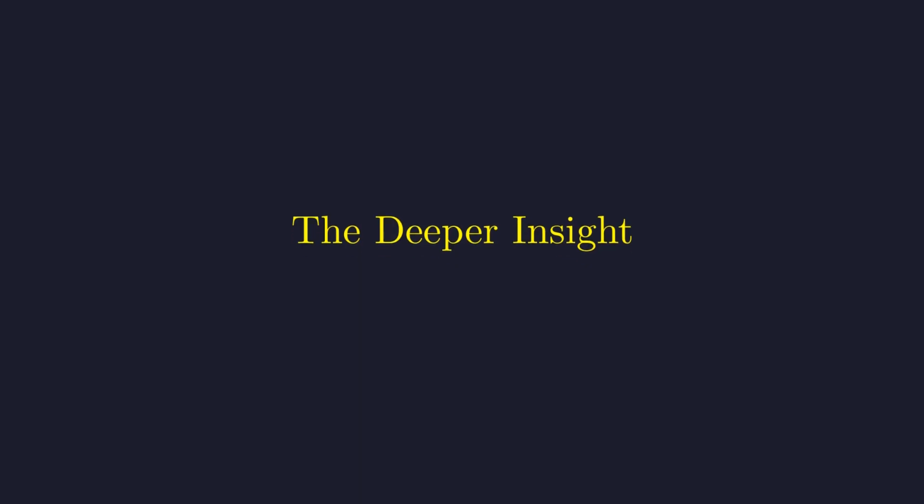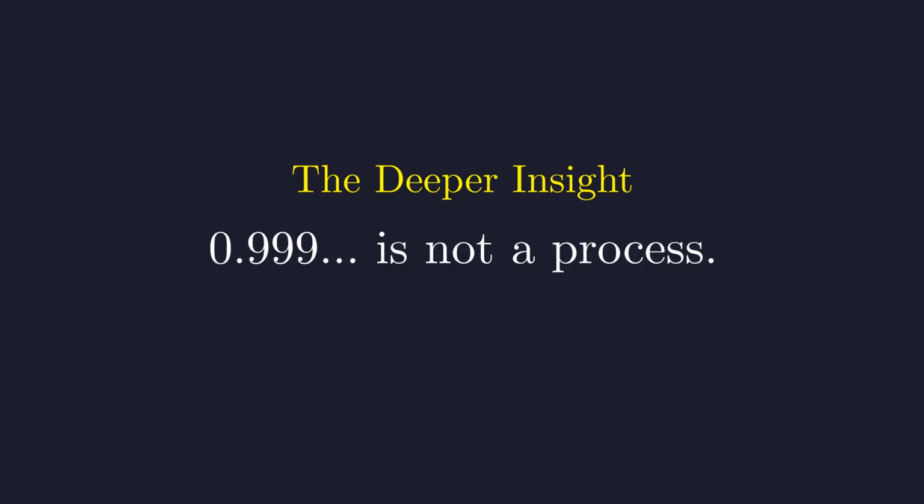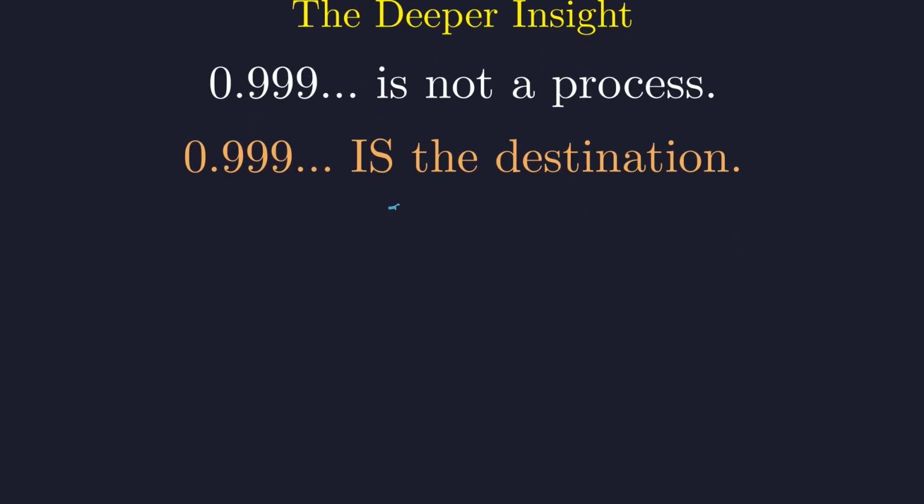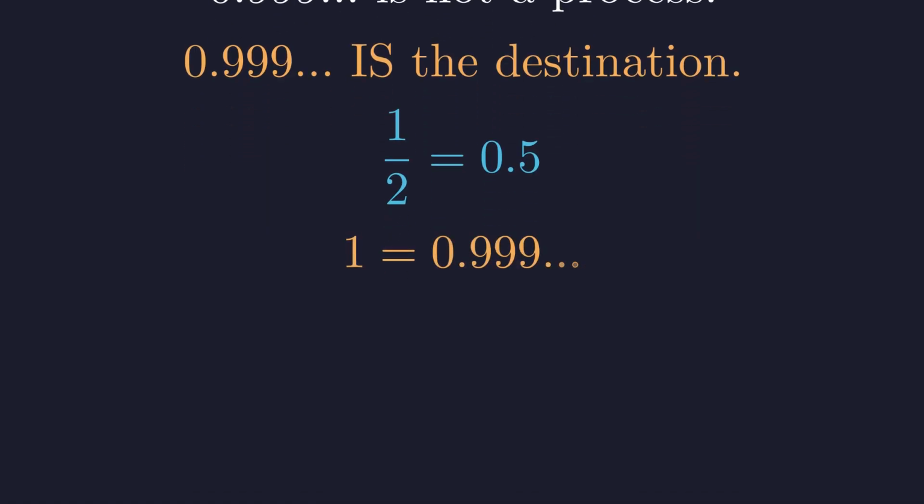The resistance many people feel stems from conflating the infinite decimal with the finite approximations we use to compute it. The key insight is that 0.999... is not the process of getting closer to 1. It is the destination. It is 1, written in a different form. Just like how 1/2 and 0.5 are the same number with different representations, 0.999... and 1 are the same number with different decimal representations.